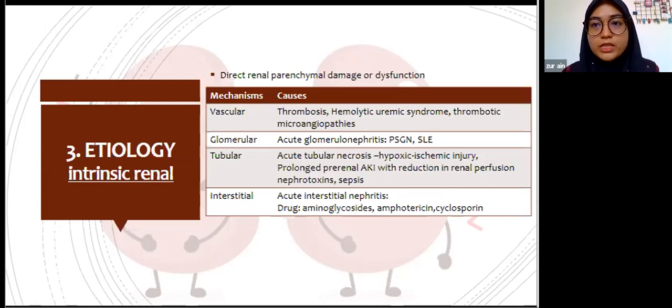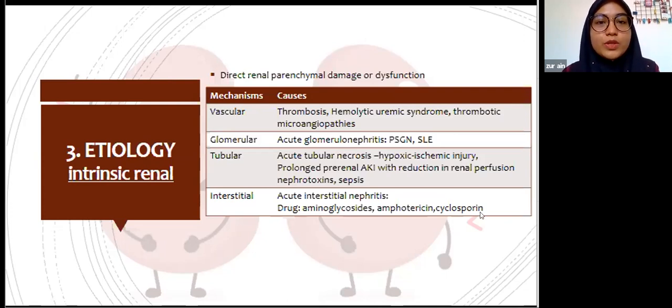For vascular origin, what happens is that these diseases affect the macro and microvasculature of the glomerulus itself. For example, thrombosis leads to renal artery obstruction, which eventually leads to ischemia, which eventually damages the renal parenchyma.